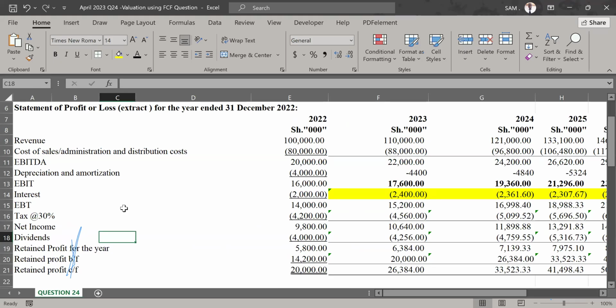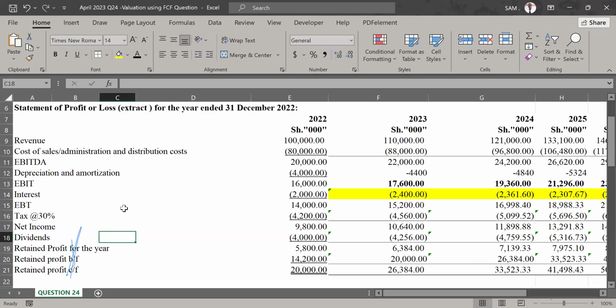Why did we deduct interest before we charge tax? Because interest is tax allowable. That's a good language.